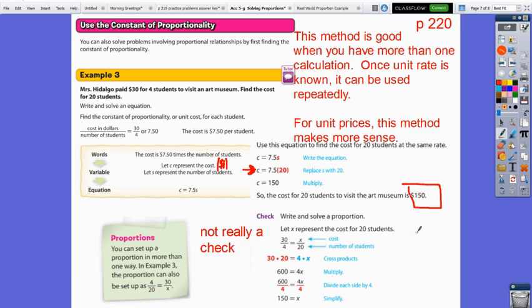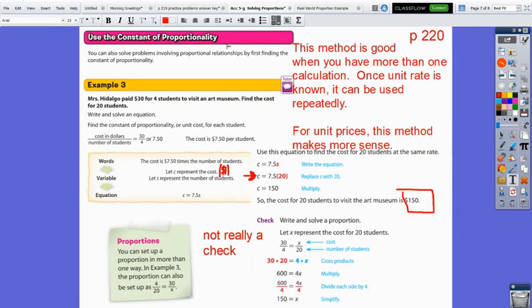Now you could do this again as a proportion. They set it up down here: students, cost over students equals cost over students. You could also do students over students equals cost over cost, but it's harder to keep track of those and not mess them up. I would not use a proportion for this problem. I think a unit rate or the constant of proportionality is quicker and easier.